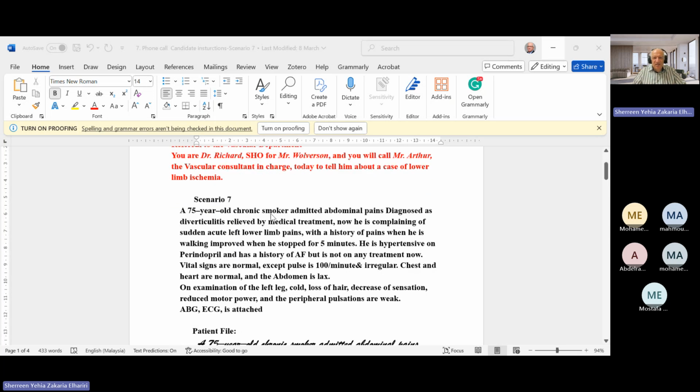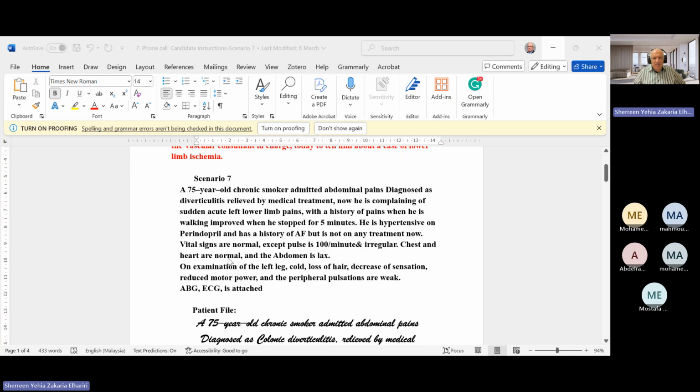75 years old, chronic smoker, admitted with abdominal pain, diagnosed as diverticulitis, relieved by medical treatment. Now he is complaining of sudden acute lower limb pain, with a history of pain when walking, improved when he stops for 5 minutes. He is hypertensive on Brendopil, which is Coversyl, an ACE inhibitor, and has a history of atrial fibrillation, but is not on any treatment now.